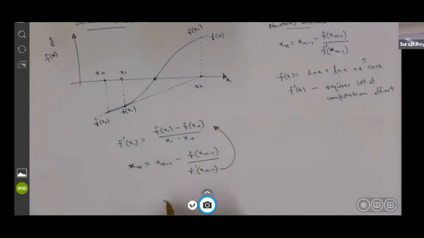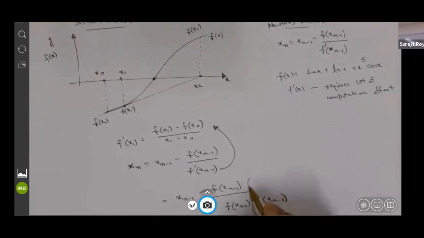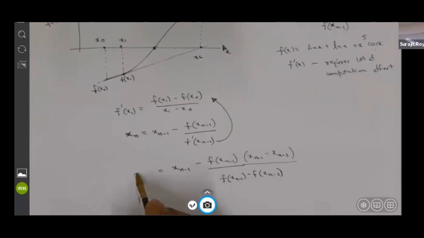So it will be xn minus 1 minus f of xn minus 1 times, f prime xn minus 1 is given by f of xn minus 1 minus f of xn minus 2, and on the numerator it will be xn minus 1 minus xn minus 2. That's it. So that is what your secant method says.